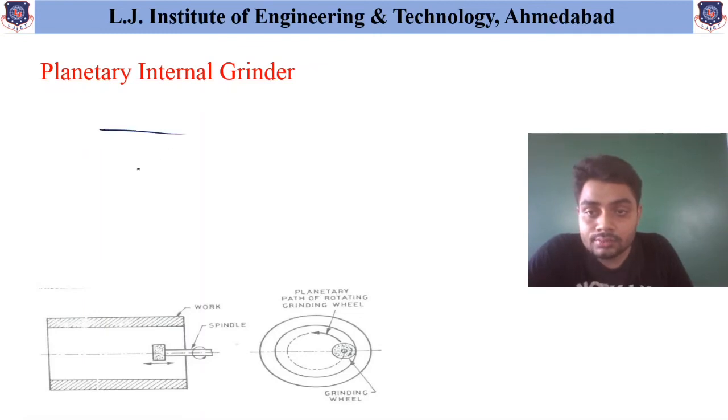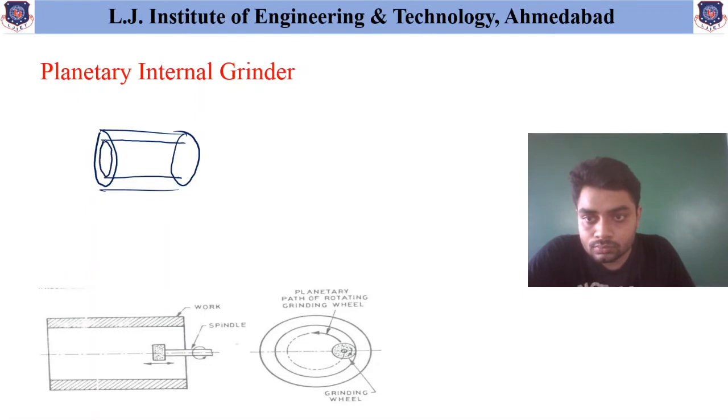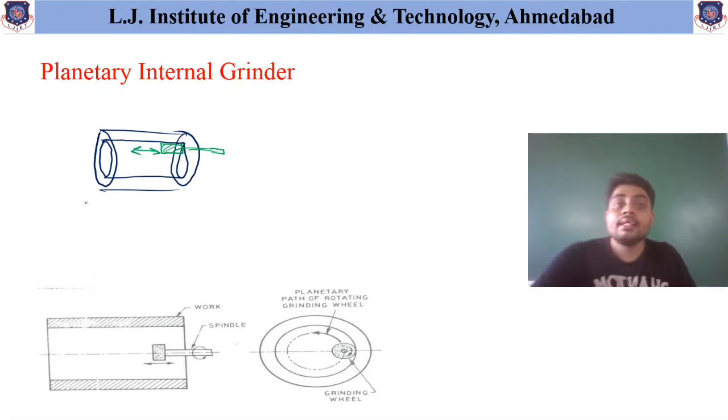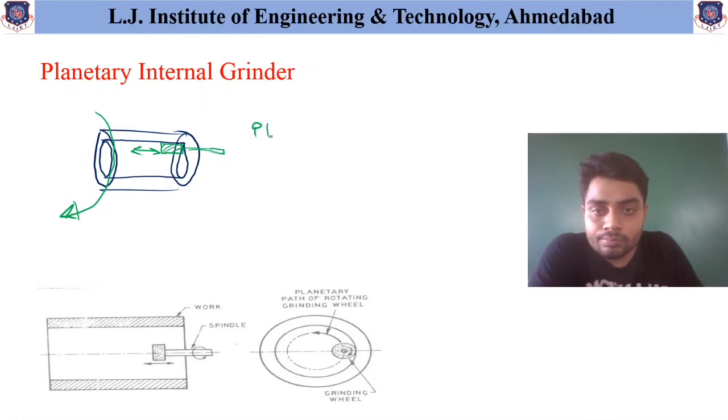As we have seen, in the case of a hollow cylindrical workpiece, this grinding wheel is fed inside and outside and the workpiece is rotating. This is the case of the plain internal grinder, as we have discussed.